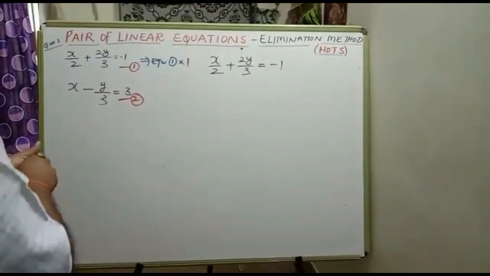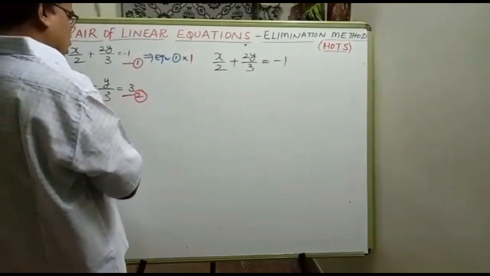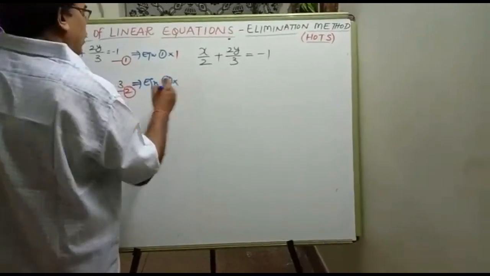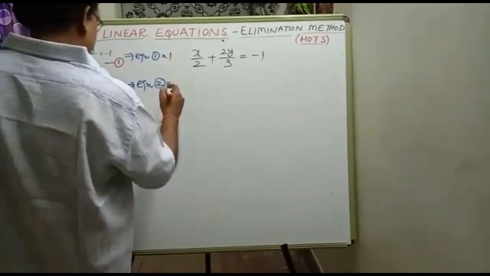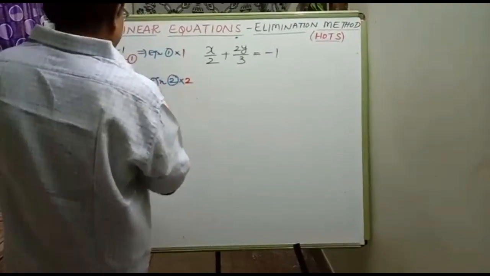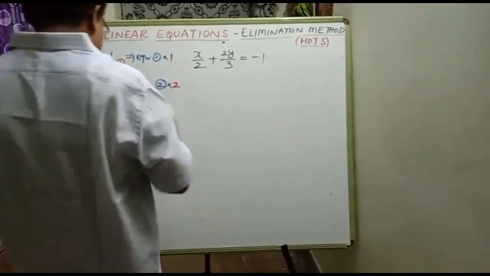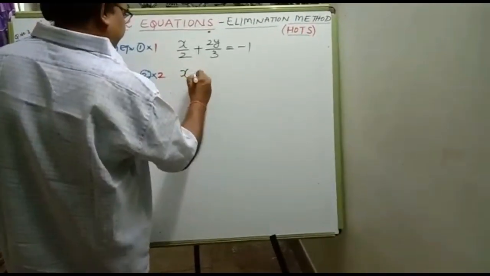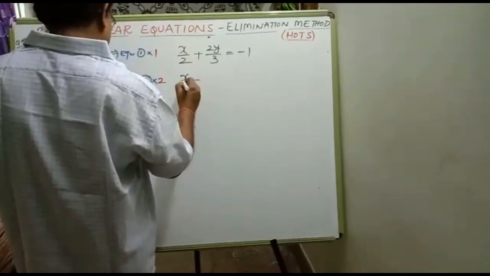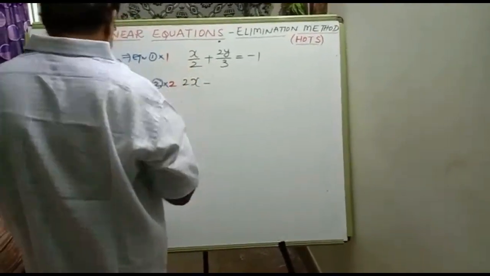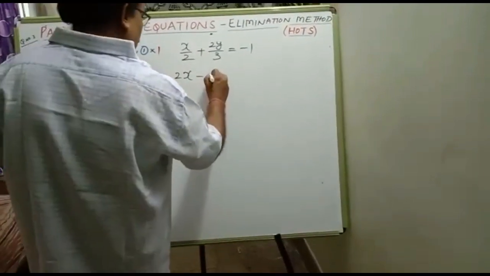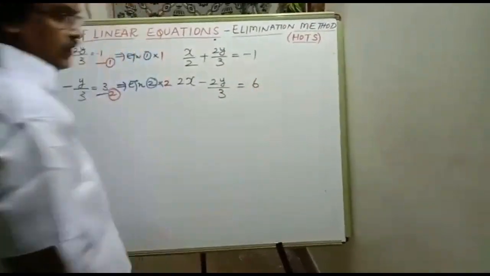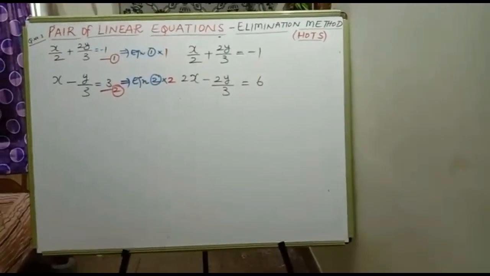Coming to this equation, equation 2 into 2. That implies 2x into 2, 2x minus 2y by 3 is equal to 6.